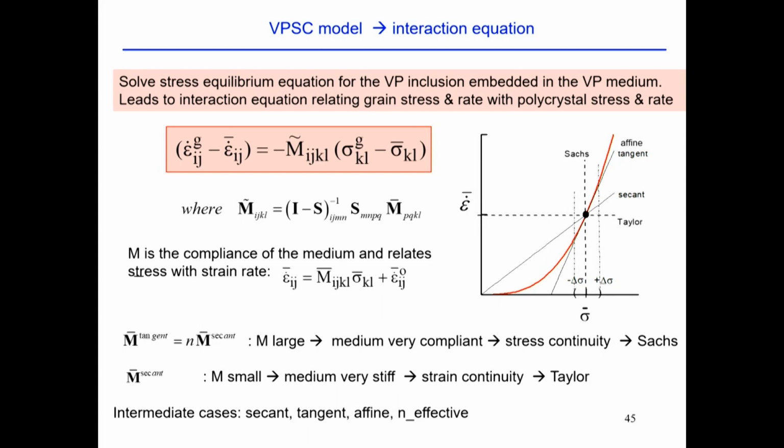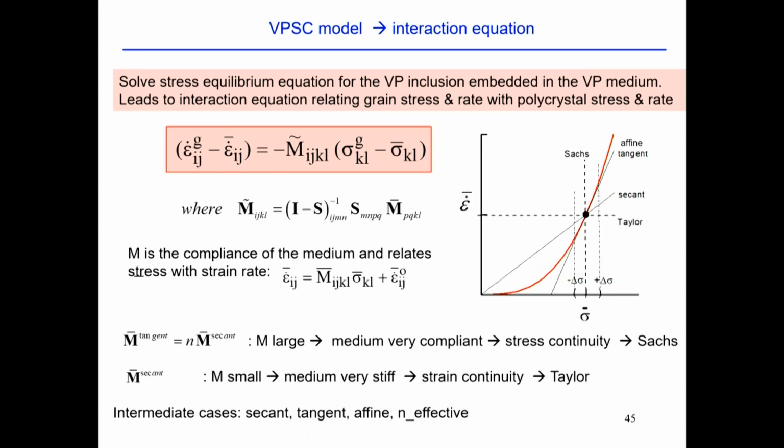You can enforce some components of stress and some components of strain rate. With a Taylor model, you cannot do that. You have to impose a strain rate and then figure out what stresses you get and whether they are according to the boundary condition.